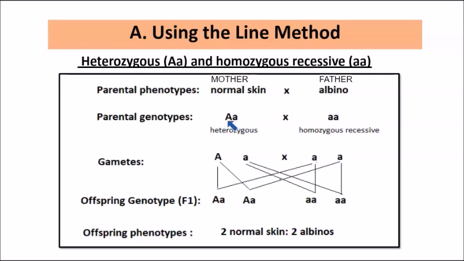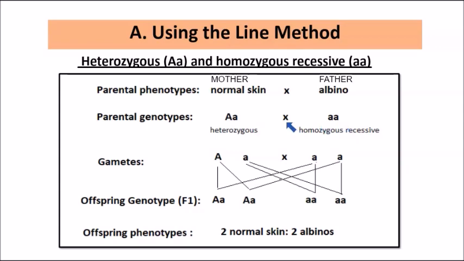She has a dominant allele for normal skin color, which has the overriding effect over the recessive allele. So she has two different alleles. She's heterozygous for normal skin color, so her phenotype is normal skin. Now the father in this case is albino because he's homozygous recessive, so always keep that in mind. In order to be an albino, you have to be homozygous recessive, so two little a's.